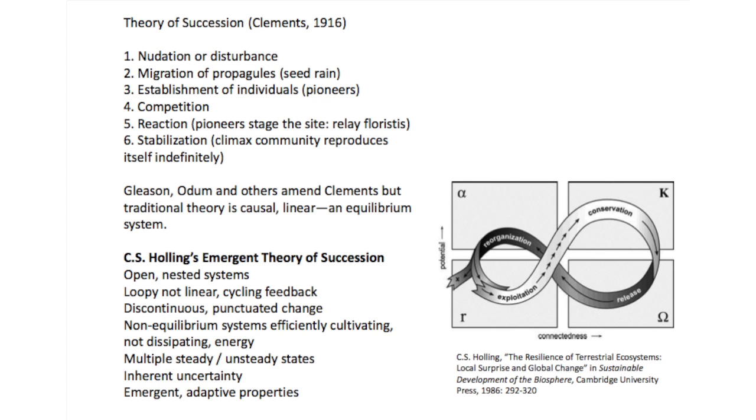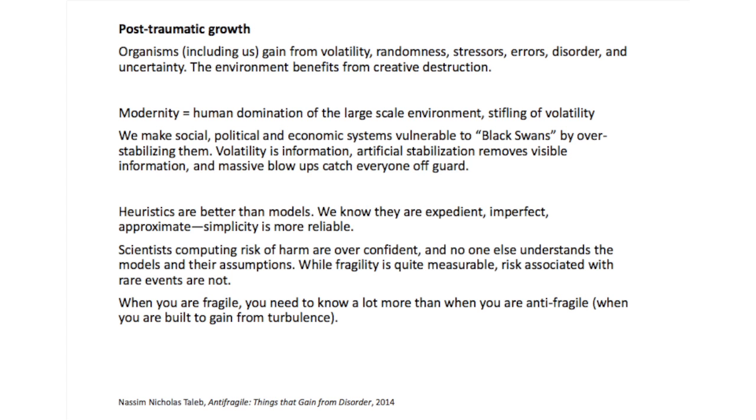It applies in C.S. Holling's theory of emergent succession, which landscape architects and ecologists love. It appears in Nassim Taleb's theories of anti-fragility and post-traumatic growth. So it appears in many different ways of framing this, the idea of moving away from risk management and moving to upside creation.